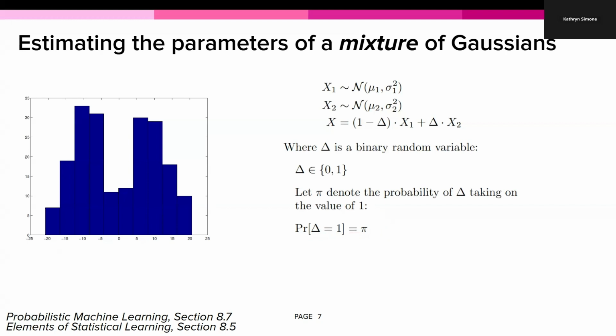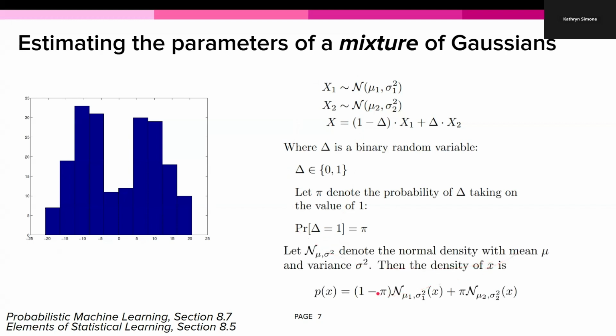The structure gives us the flexibility to combine the two Gaussians in different proportions, and it's going to allow the model to capture the bimodal nature of the data. We call this setup a mixture of Gaussians. It lets us model data that has multiple underlying modes, something that a single Gaussian couldn't handle.